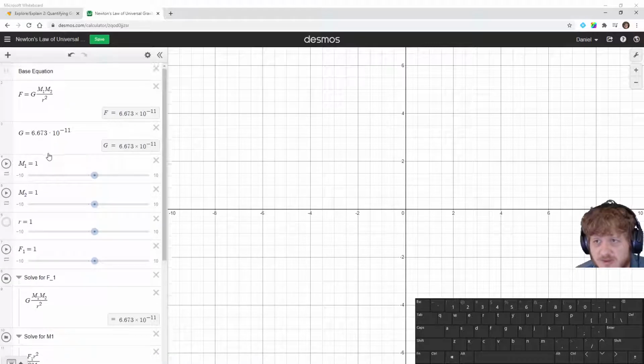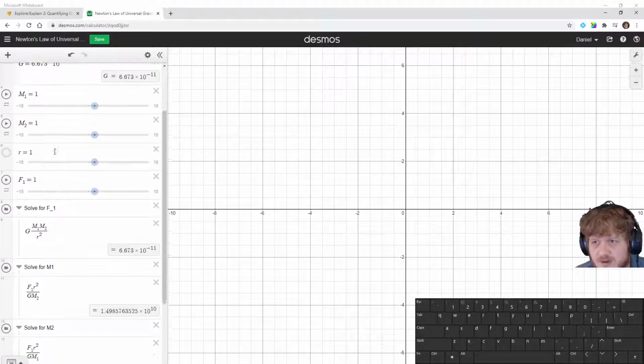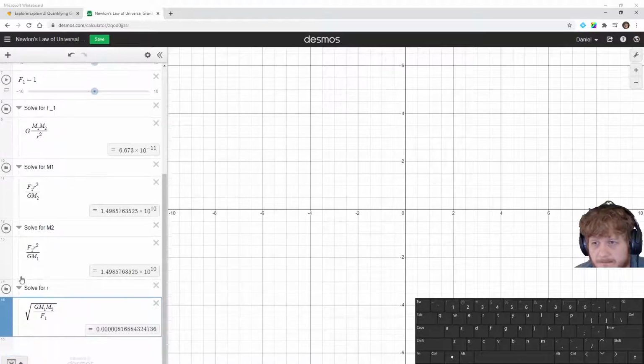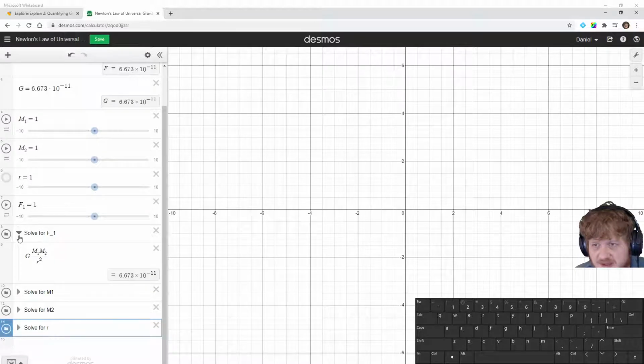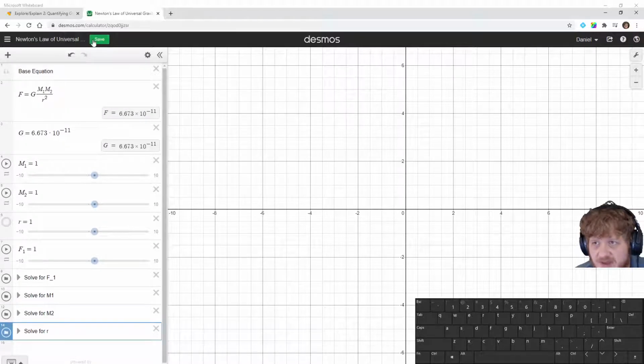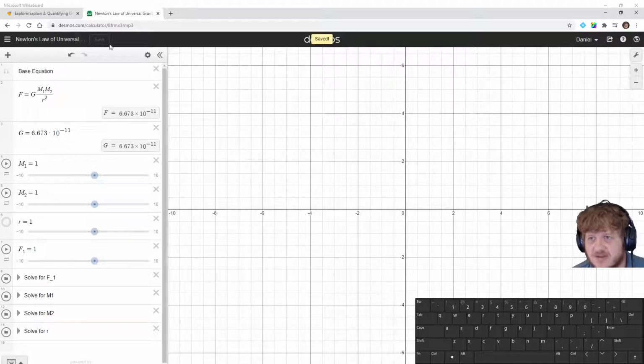So then we can solve all of these pretty quickly. So now what we can do is hide all of these, and click save, and now we can utilize this as a quick way to solve some of our problems.